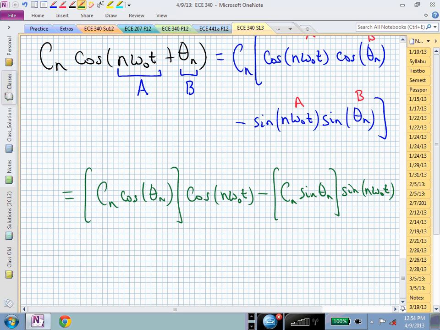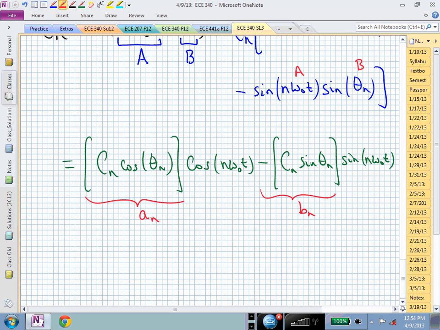Now we simply can write that as saying, you know what? This looks like what I've already seen. I just had a sum of sines and cosines at the same frequency, and that frequency is a given harmonic. Meaning, now I can rewrite this as little a sub n, that was the coefficient of the cosine piece, plus b sub n sine of n omega naught t.